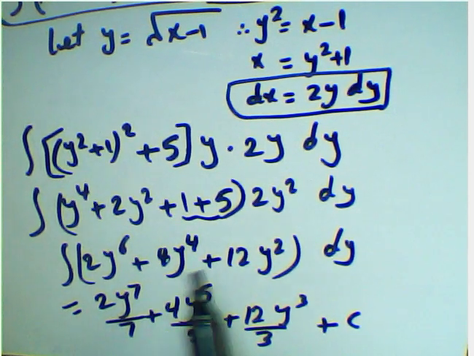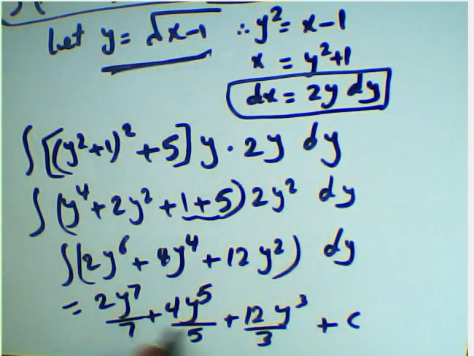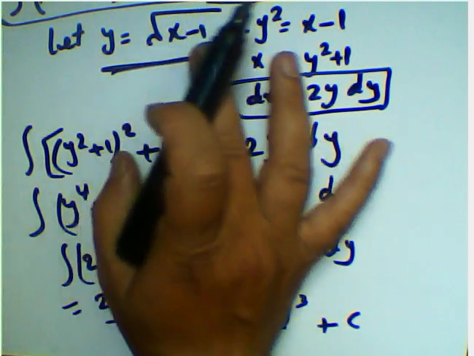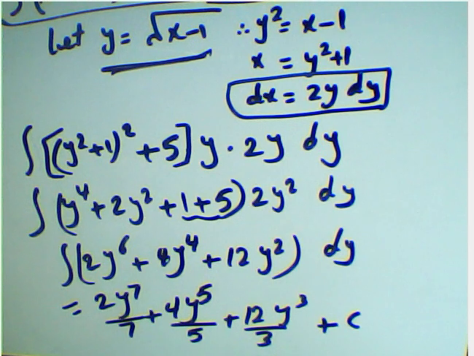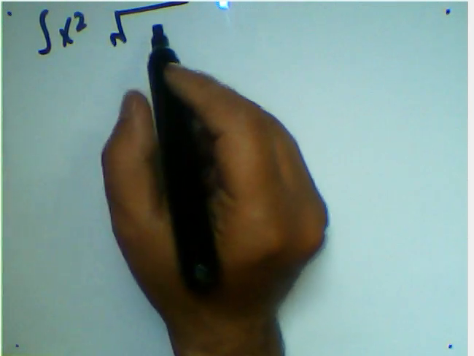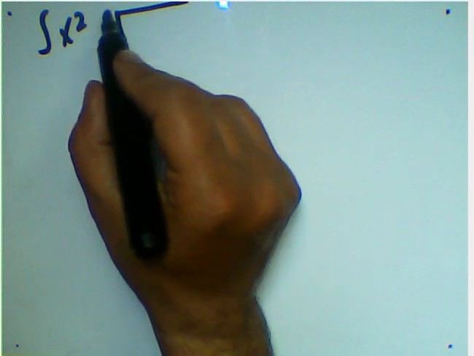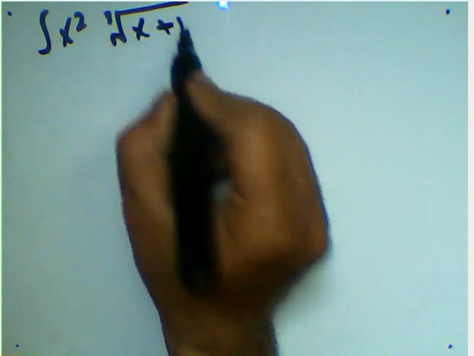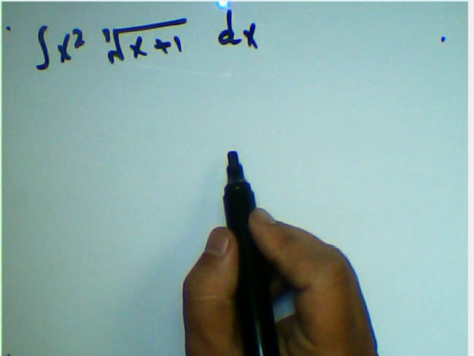And then you can cancel y and write root x minus 1 here to find the simplest form. Look at this integration here: x power 2 multiplication by cubic root of x plus 1 dx.